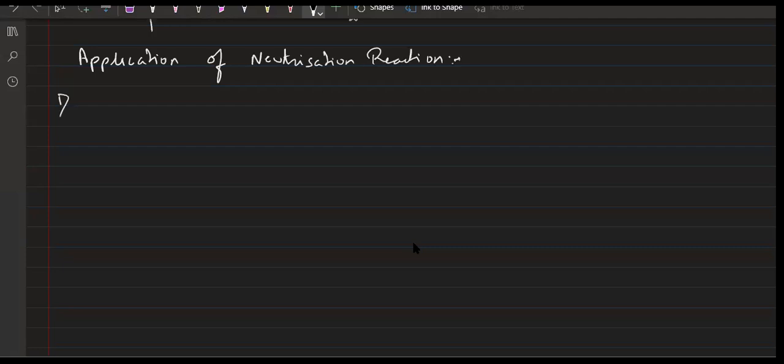After we complete this chapter, what is the first example in your daily life where you see this neutralization reaction?